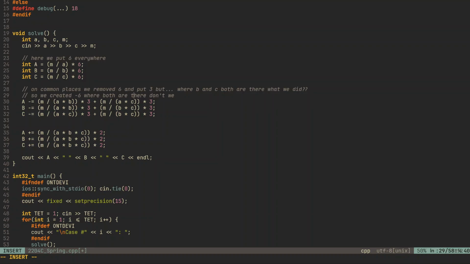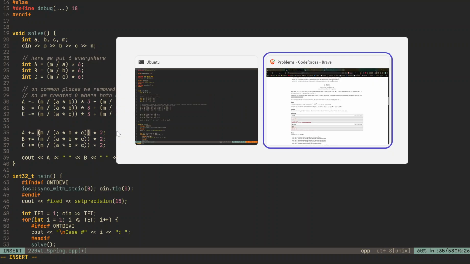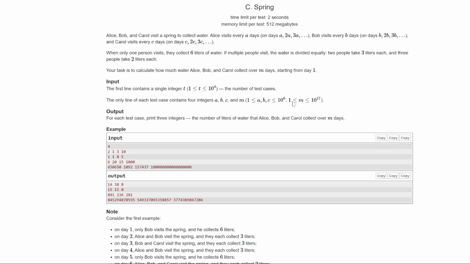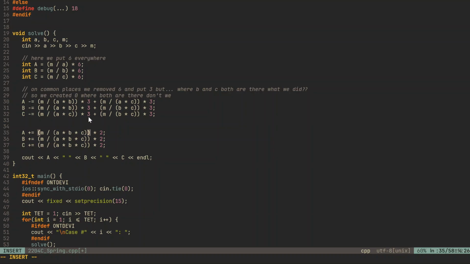No, no, we created 0 there. That's why when we are multiplying with 2, it is working for some of the cases. Oh yeah, that's the case. What is the main problem here? But if I multiply a whole 3, it will be 10 to the power 18. It is in the limit.